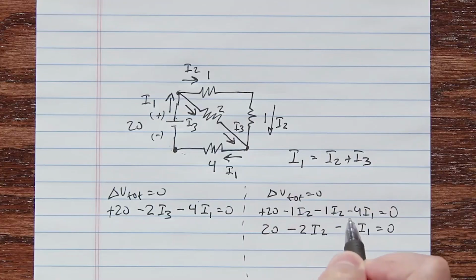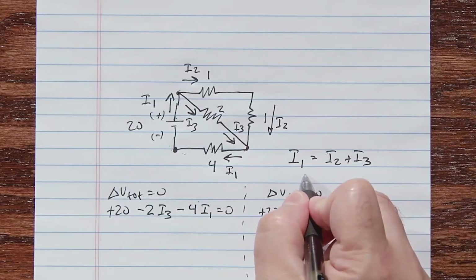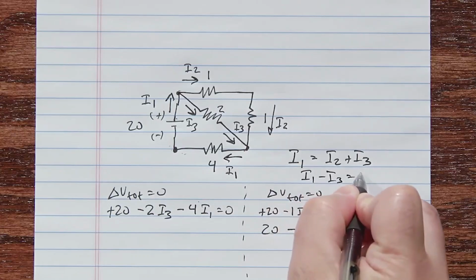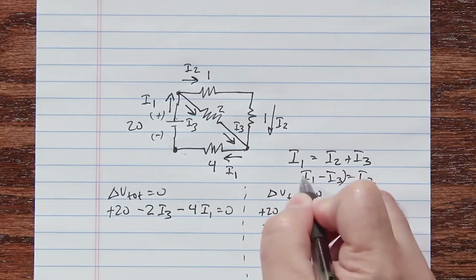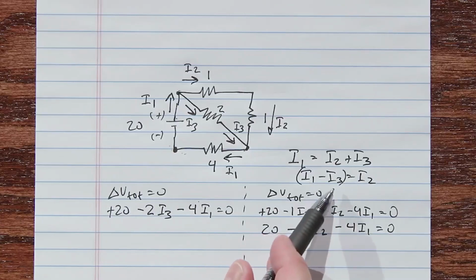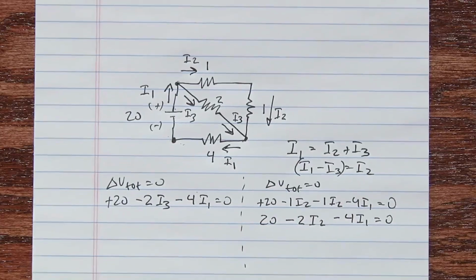I1 is equal to I2 plus I3. I'll subtract I3 from both sides. So I1 minus I3 is equal to I2. I1 minus I3 is the same as I2.